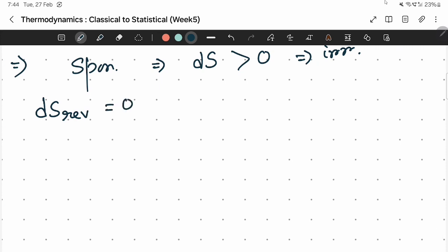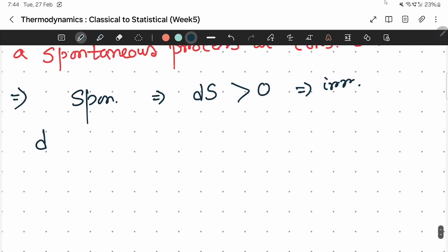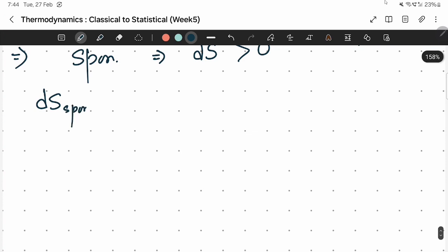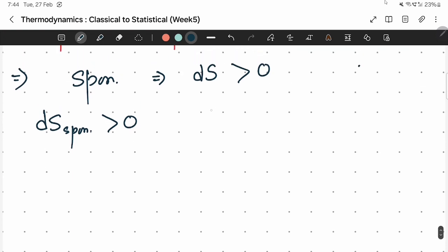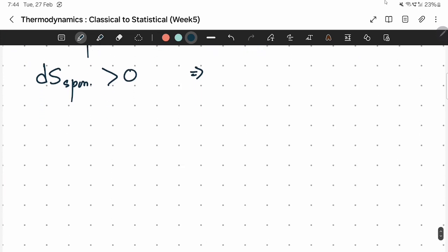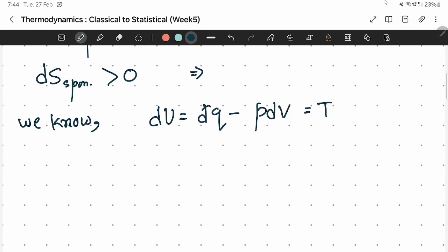Del S for a reversible process is 0. Again, we know that dU equals q minus PdV, that means TdS minus PdV, right?